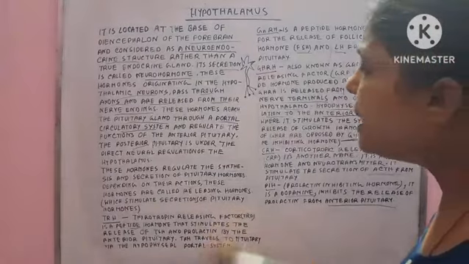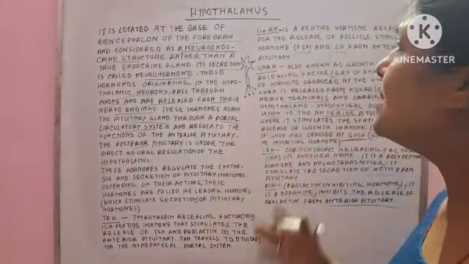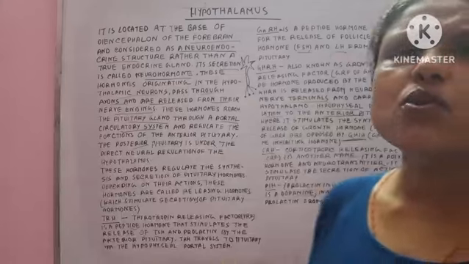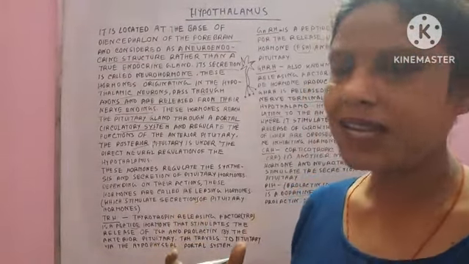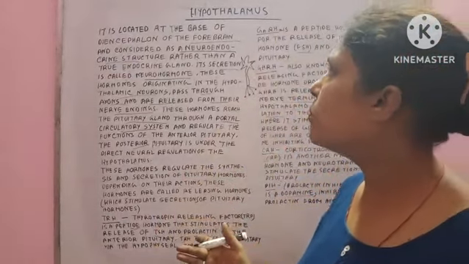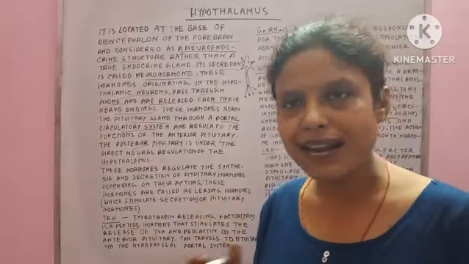Clear? So you have just seen that most of the hormones released from the hypothalamus are neurohormones, or act like neurotransmitters. And that's why the hypothalamus is called a neuroendocrine gland, not a true endocrine gland.